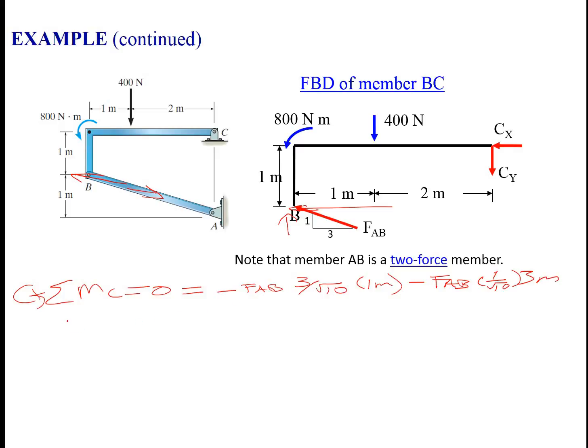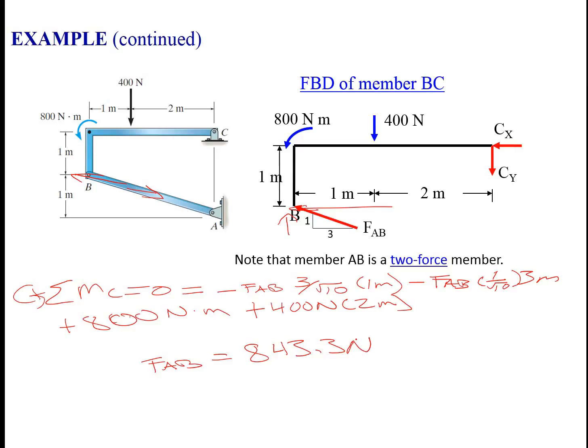Then we have a positive 800 Newton meters and a positive 400 newtons times 2 meters. So then we can solve for FAB. We get FAB is equal to 843.3 newtons. So now we've found the force in AB, so that's actually our force at the pin B.